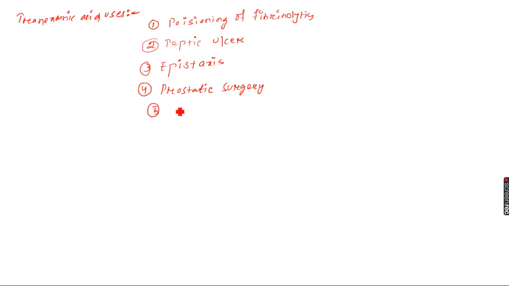Fifth one is bladder hemorrhage. Okay, these are the uses. One point you have to remember is that it is only given in conditions where there is bleeding. Wherever there is bleeding, in all those conditions and places, these drugs can be used. Okay, we have completed fibrinolytics and antifibrinolytics. Thank you.